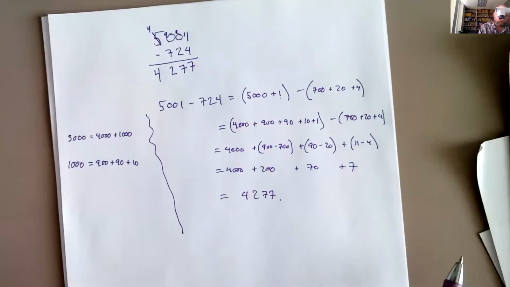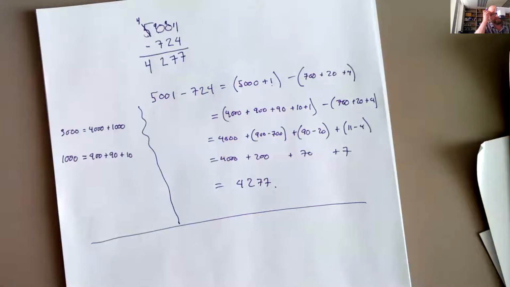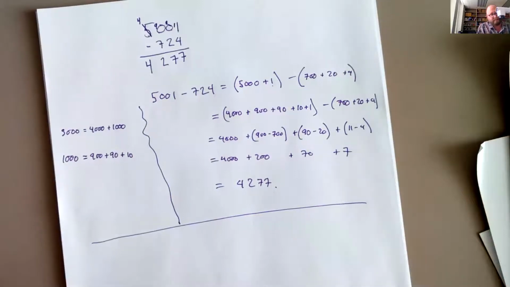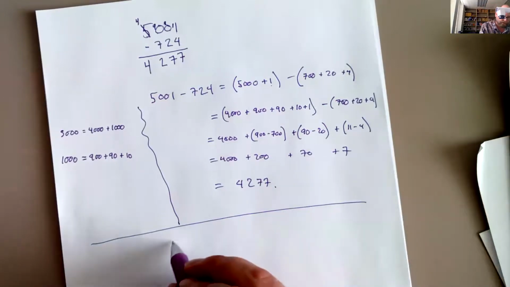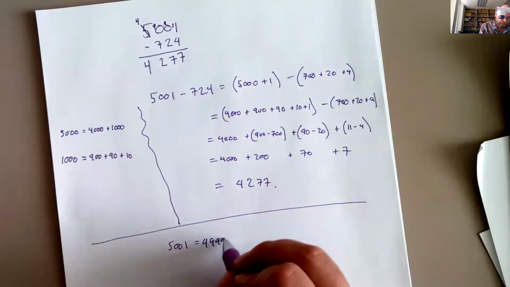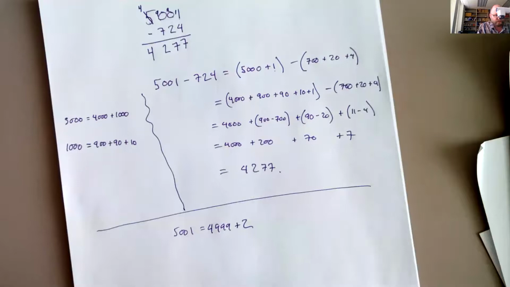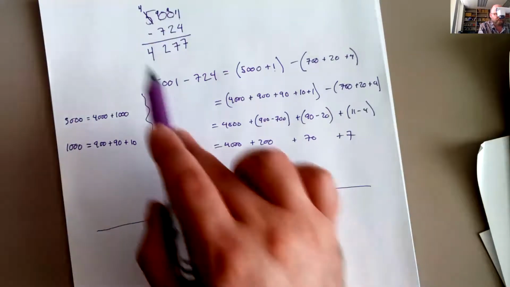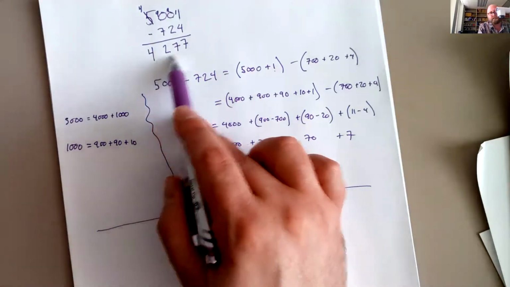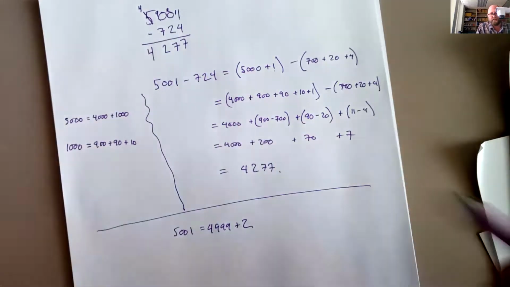Now, here's something that I wish they taught in schools. Here's a sort of non-standard way to do this, but honestly, I think it's easier. Notice that 5001 is just 4999 plus 2. So let's take 4,999, subtract 724 from it, and then just add 2 to the result.